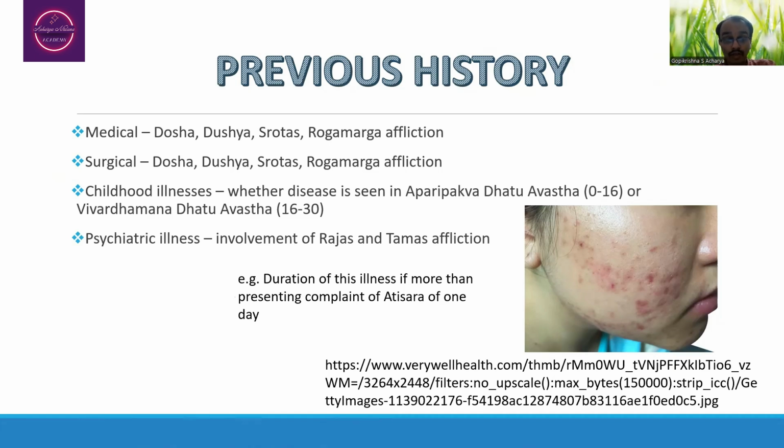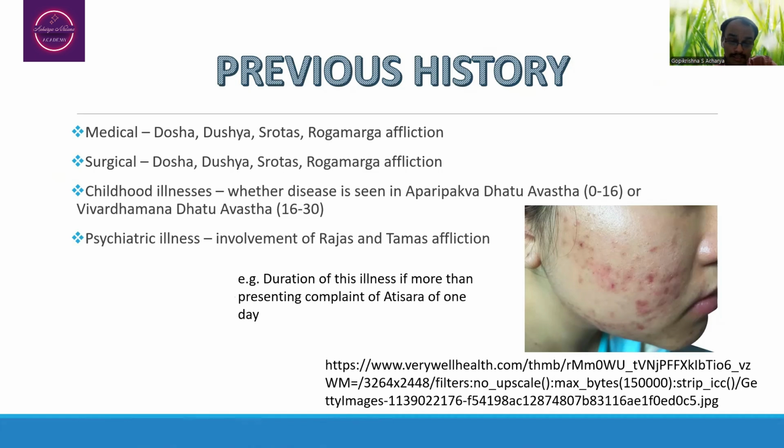The possible dushya afflicted could be Purisha, the possible srotas afflicted could be Purisha Vahasrotas, and the possible Rogamarga afflicted could be the Abhyantara Rogamarga. To some extent, if the anus is afflicted, even Madhyama Rogamarga affliction can be predicted.